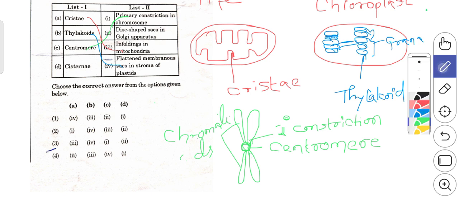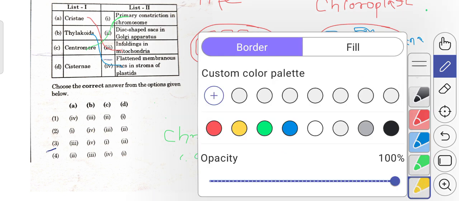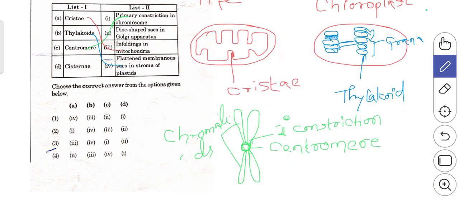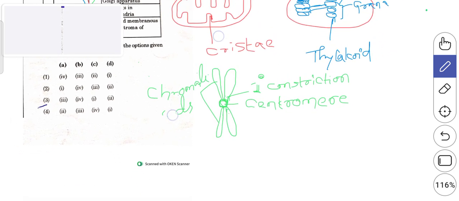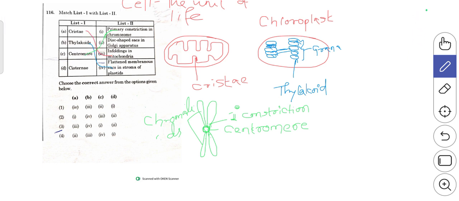Then what about the last one they have given? The cisternae. Let's see what cisternae indicates. Cisternae are present in a specialized structure, the Golgi apparatus, which was discovered by the scientist Camillo Golgi.